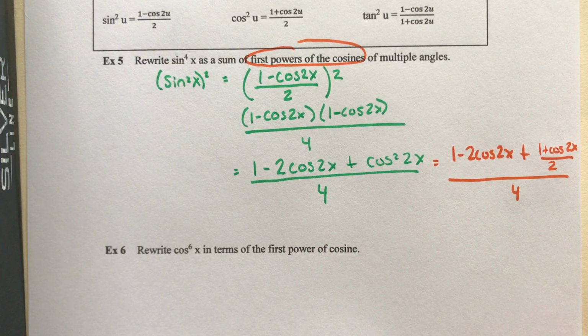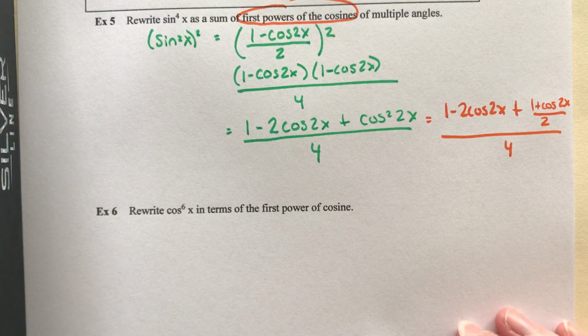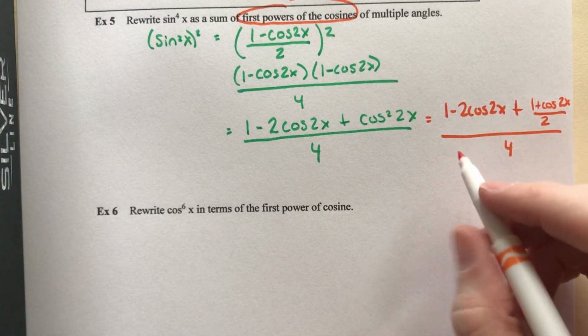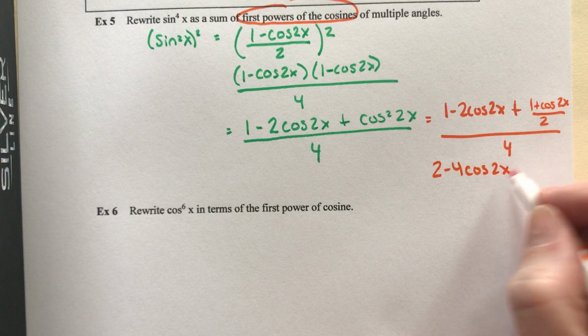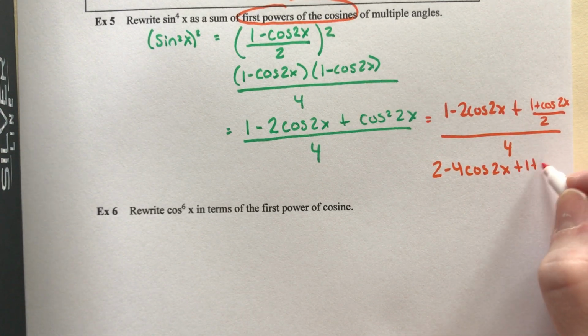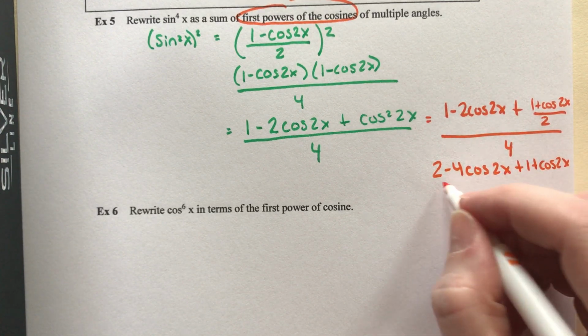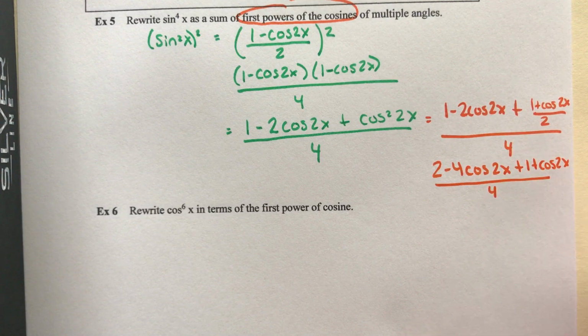And then we can't have a fraction and a fraction. We talked about how that's not allowed. So I can multiply everything by 2. That would give me 2 minus 4 cosine of 2x plus 1 plus cosine of 2x over 4.